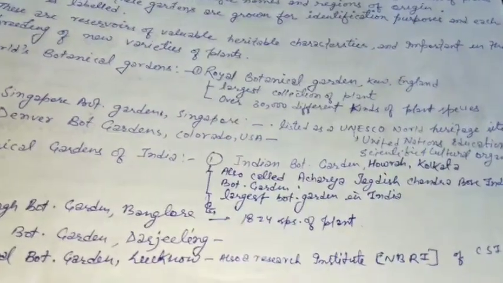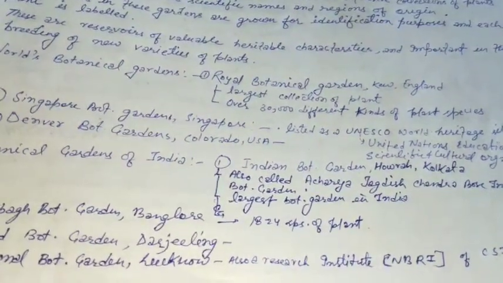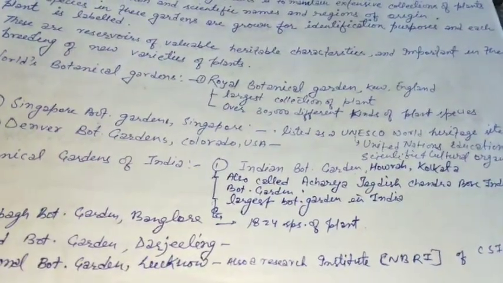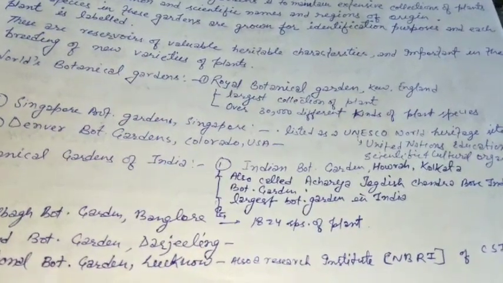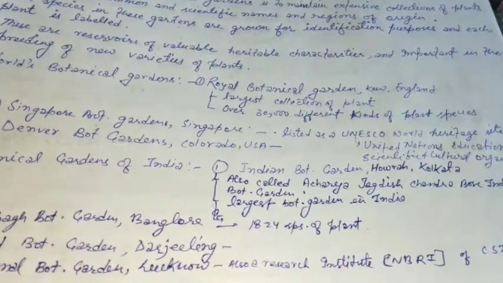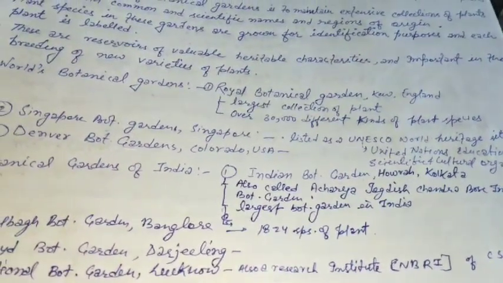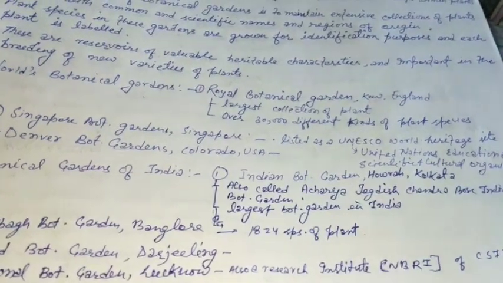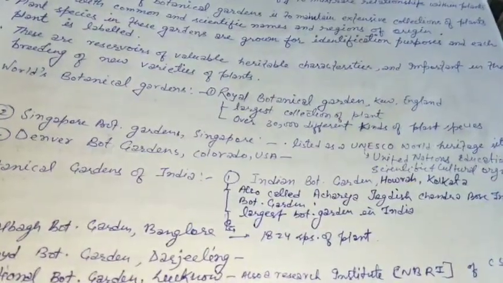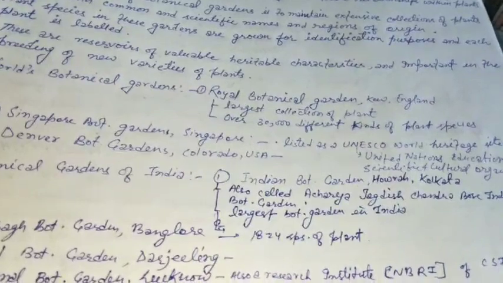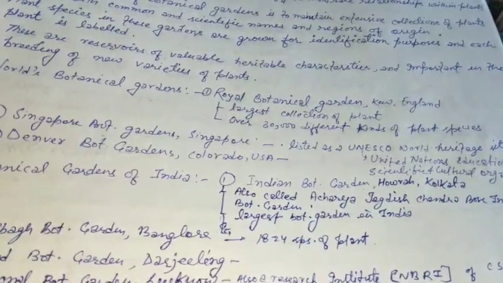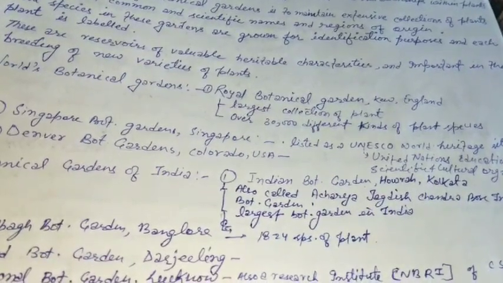The main attraction of this botanical garden is the great banyan tree, which is the largest tree area-wise in the world. The great banyan tree has more than 50,000 prop roots, all of which act as an individual tree. So this plant forms a forest of a single tree.